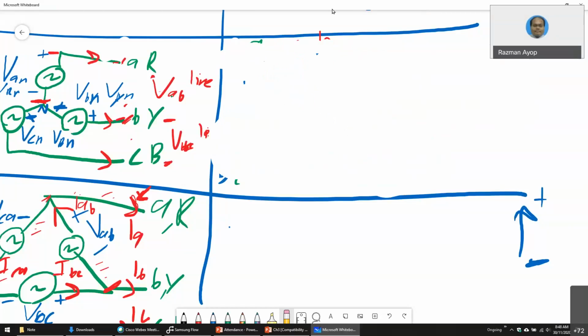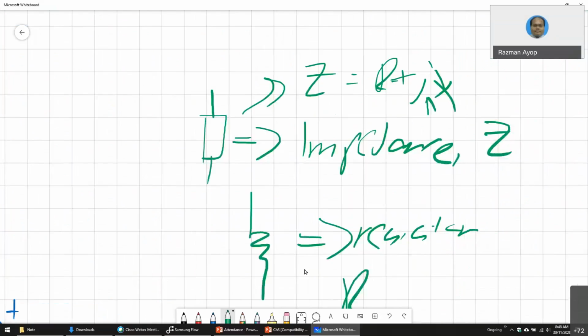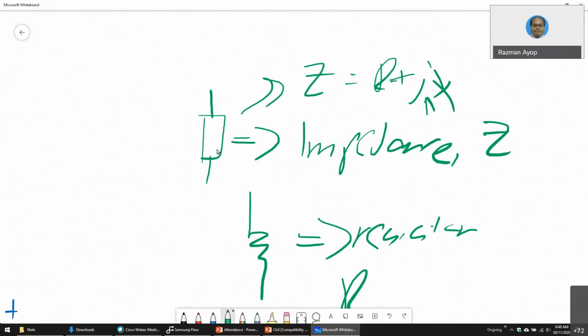So for load, first you have to draw this, and this. Remember, this type is impedance, which means it has a complex component, either L or C. This one is for impedance, and this one for resistor.